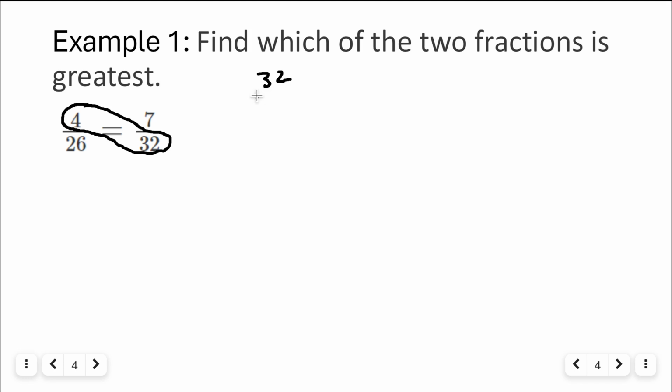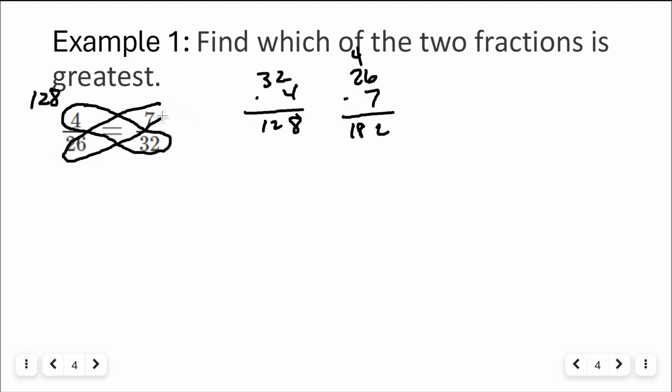So 32 times 4. 2 times 4 is 8, and 3 times 4 is 12. That's 128. We're going to write it over here next to the 4. And then 26 times 7: 42, 4 to carry, 14. So these two get multiplied, and it gives me 182.